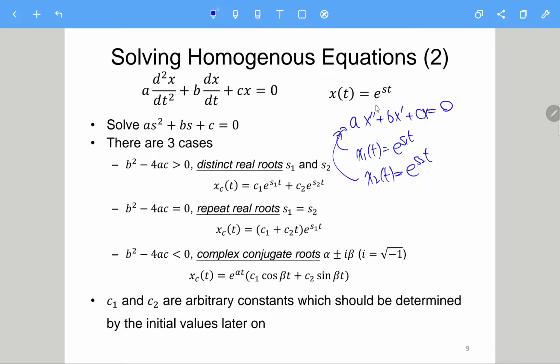And as this is a linear equation, we can also have a1 x1(t) plus a2 x2(t) as the solution, which is the general form. As long as a1 and a2 are arbitrary real numbers, it will also satisfy this equation.